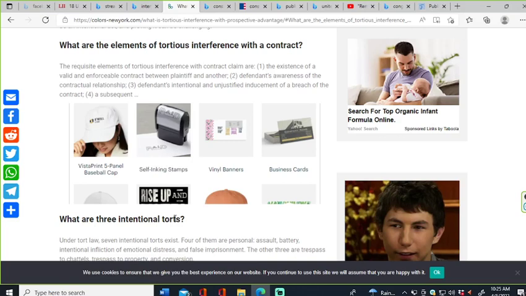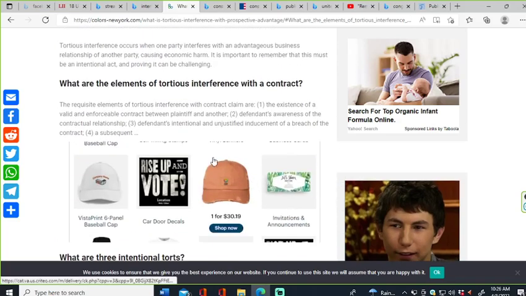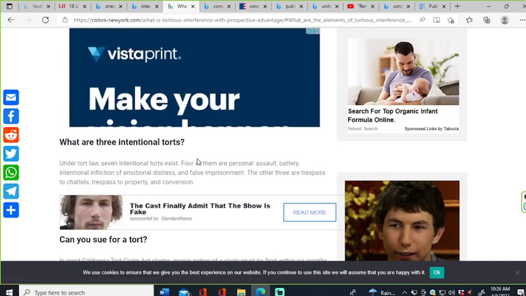Let's look at what are the elements of tortious interference with the contract? The requisite elements of a tortious interference with the contract claim are the existence of a valid, enforceable contract between the plaintiff and others, which is the treaty; defendant's awareness of the contractual relationship, which is in the treaty; defendant's intentional and unjustified inducement of a breach of the contract; and a subsequent breach.